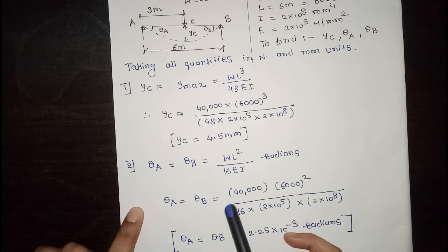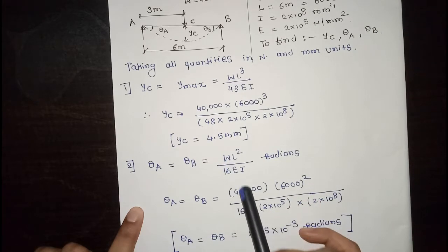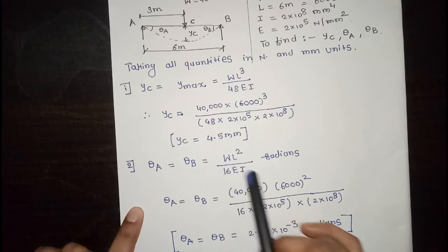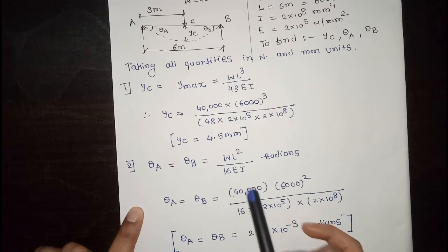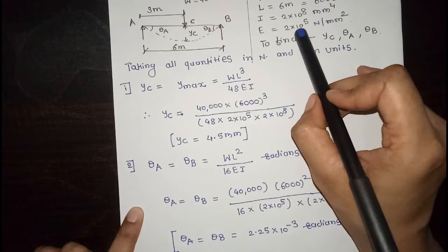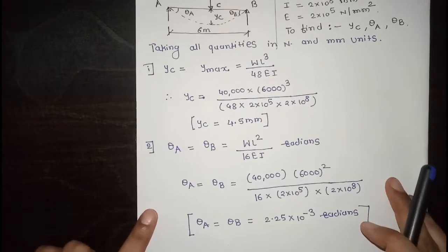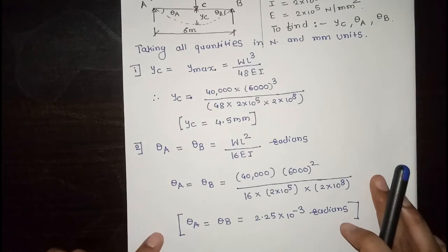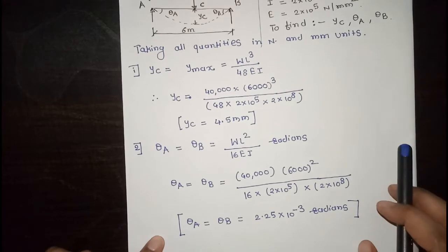Put the values: W is 40,000 into L 6,000 into 6,000 divided by 16 into E 2 into 10 to the power 5 and I is equal to 2 into 10 to the power 8. Then we get theta A is equal to theta B is equal to 2.25 into 10 to the power minus 3 radians.